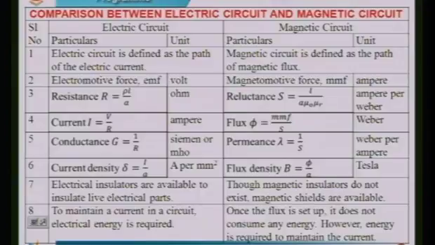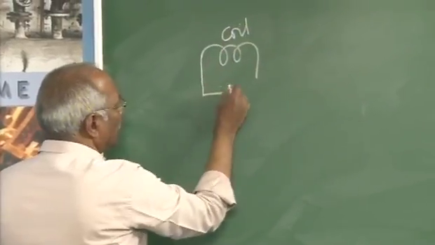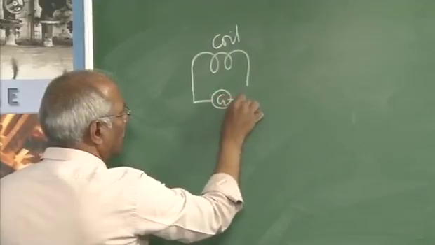Next, we will go for electromagnetic induction. Electromagnetic induction refers to the generation of voltage in a coil. To understand that, we can take a coil and connect it to a galvanometer.